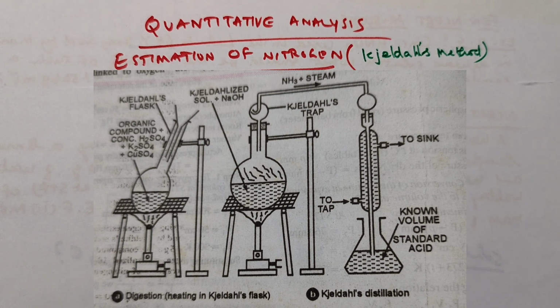In the conical flask we have a known amount of sulfuric acid or hydrochloric acid, say for example 100 ml. When the ammonia gas neutralizes, say, 20 ml, the remaining unused acid, approximately 80 ml, has to be found out by back titration. Once we know how much acid is left unused, we can automatically find out how much ammonia was neutralized by the acid.